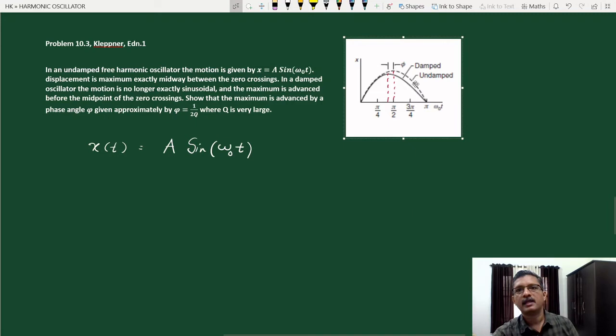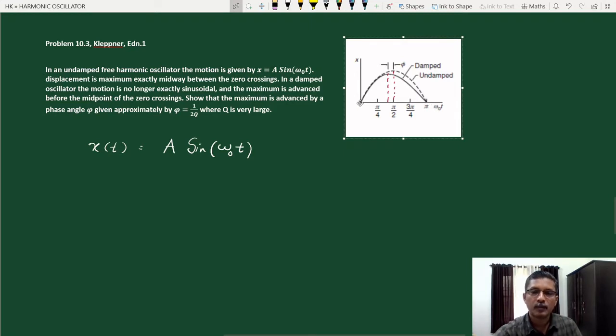We know that in the first half cycle, the sine function becomes maximum at pi by 2. So zero crossings are the points at which the function crosses the x-axis. At these two points, the value of the function becomes 0.